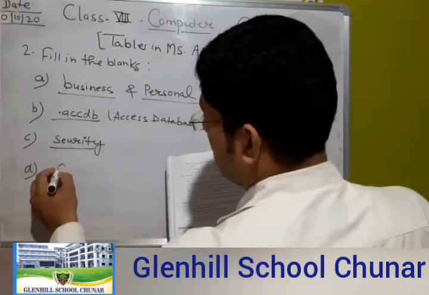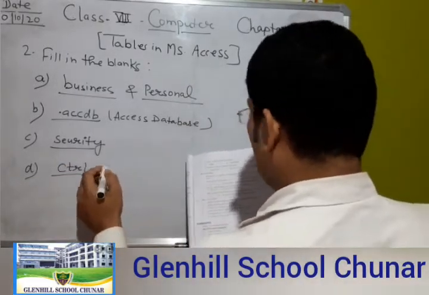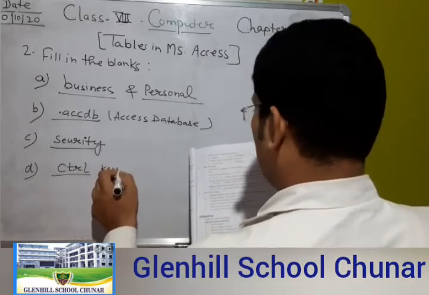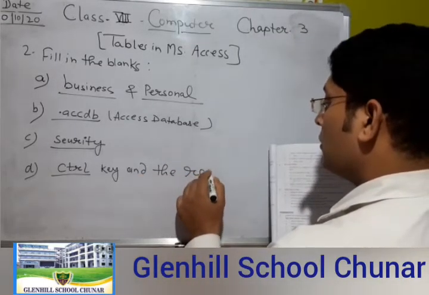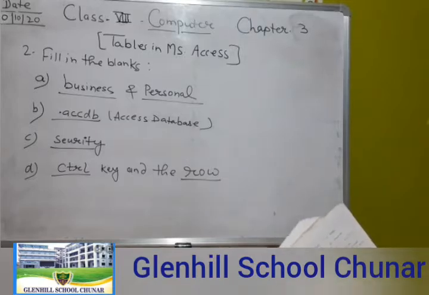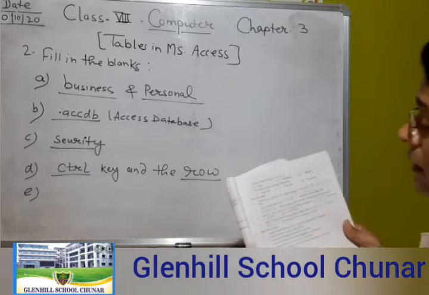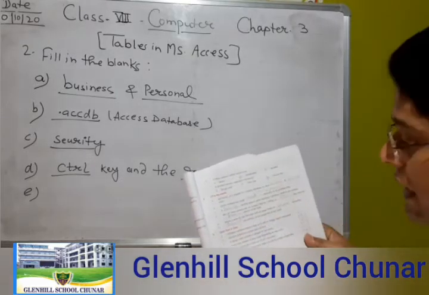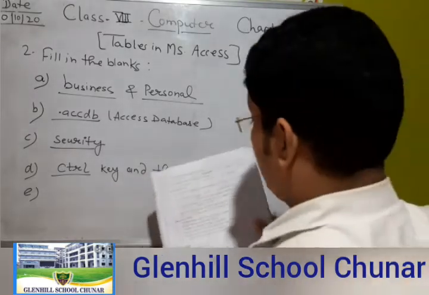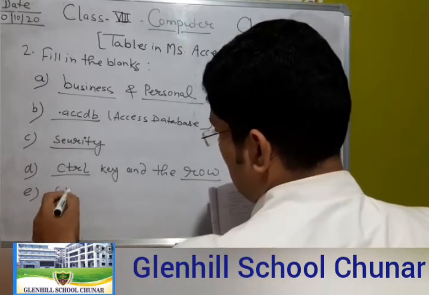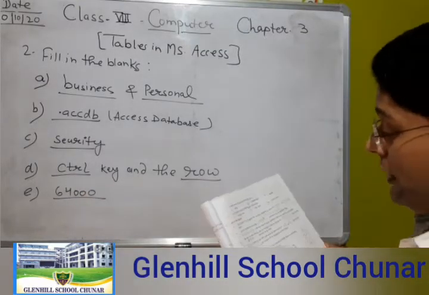So first, the Ctrl key, the control key, and here the row. And E, memo is the same as the text data type with an upper limit of how many characters? 64,000 characters.